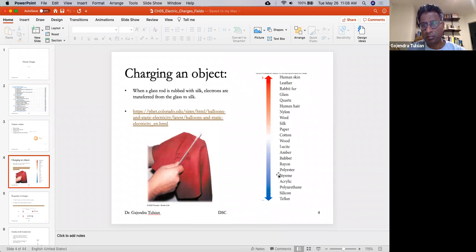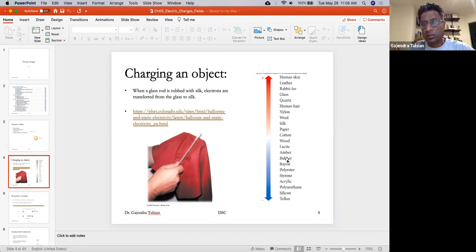But materials on this side like electrons, and materials on this side give up electrons easily. So these materials wouldn't mind having extra electrons, and these wouldn't mind giving electrons up.